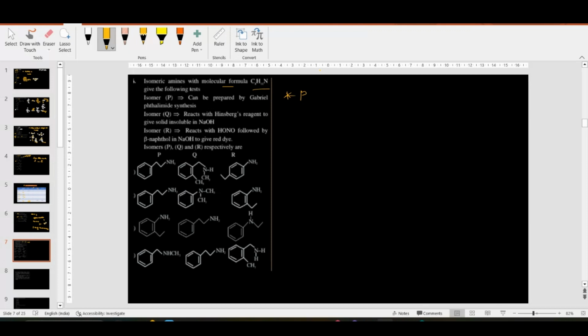When it comes to Gabriel phthalimide synthesis, this synthesis is used only for preparation of aliphatic primary amines.